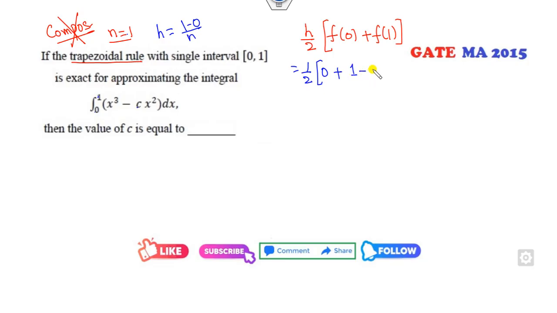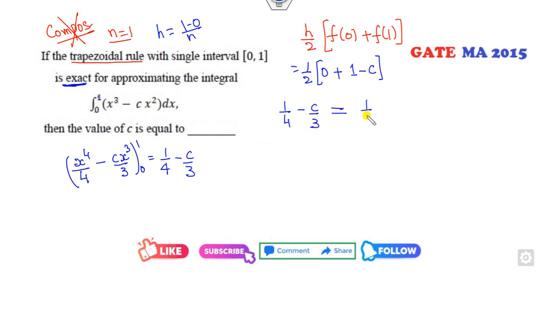f of 1 is 1 minus c. Now your target is to find c, and it is given as exact. So I can solve this integration simply: x to the 4 over 4 minus c x cubed over 3, from 0 to 1. So it will be 1 over 4 minus c over 3. So I can say 1 over 4 minus c over 3 equals half minus c over 2.